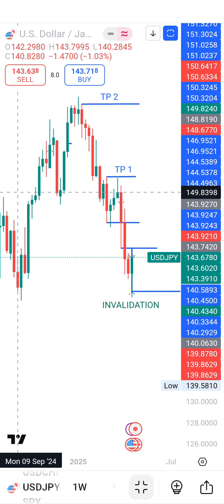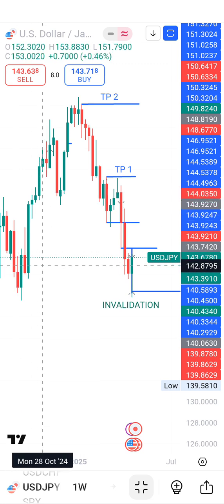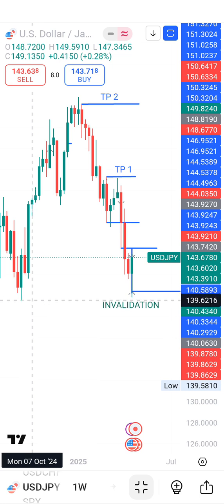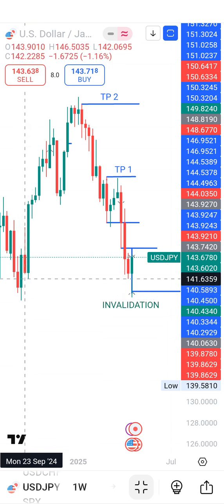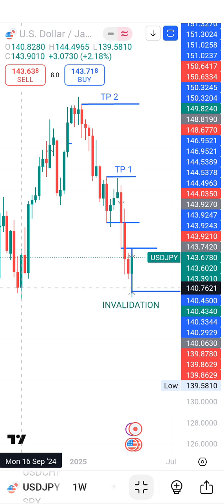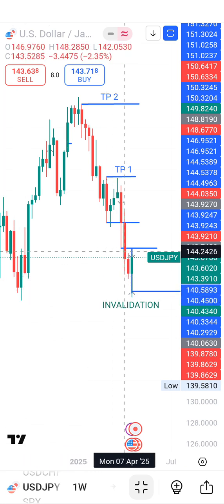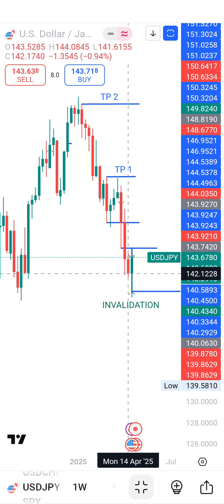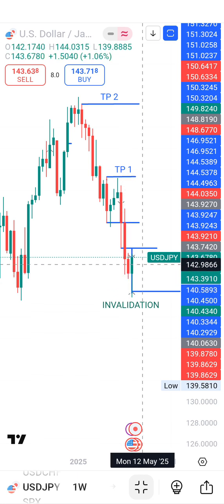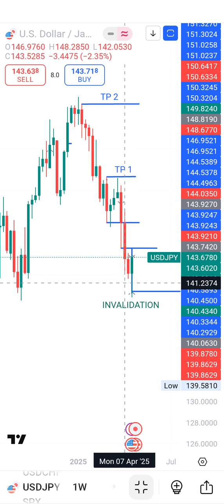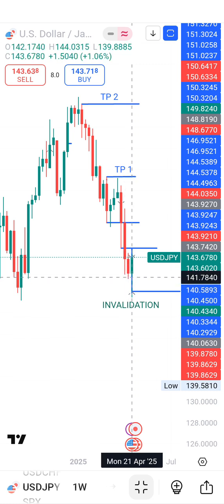Now on USDJPY, I hope you remembered what we said about two weeks ago, about this area that I marked. I said this area is our invalidation line, and that price might trade into this zone and you wait for a daily bullish candle before you anticipate your bullish move.